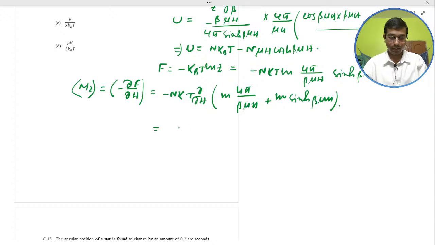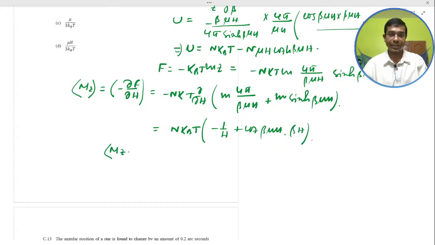Solve this, you would get nkT times [−1/h + coth(βμh) · βμ]. You would get this result.